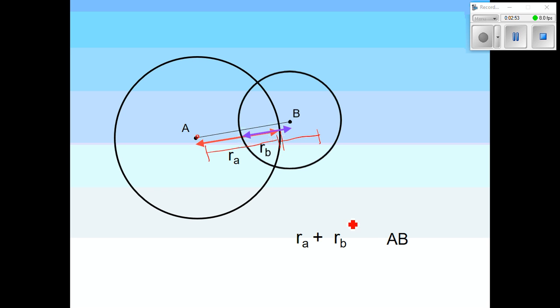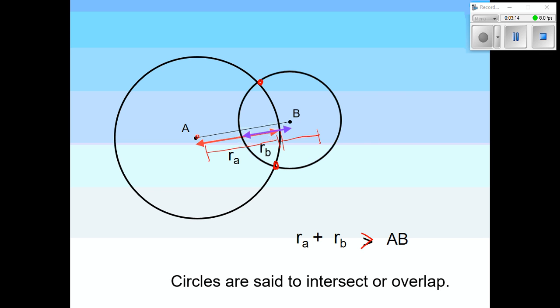It'll make a bigger distance than the distance between the centres. So if you add the radii together and you get a larger distance than the distance between the centres, then they have to overlap and intersect at two places.